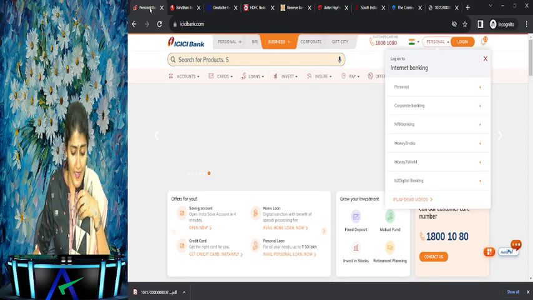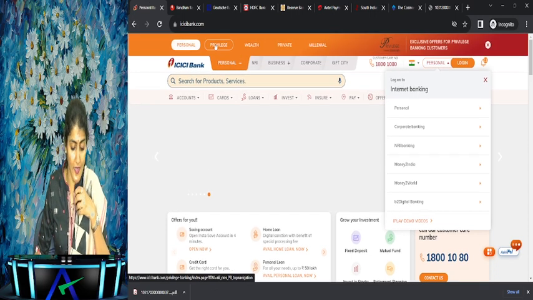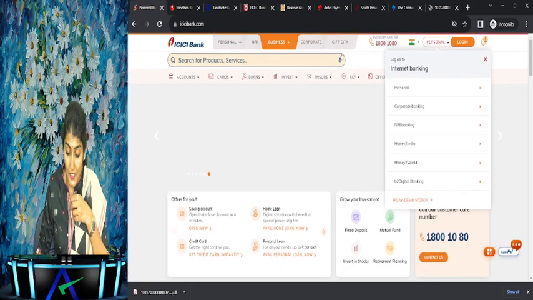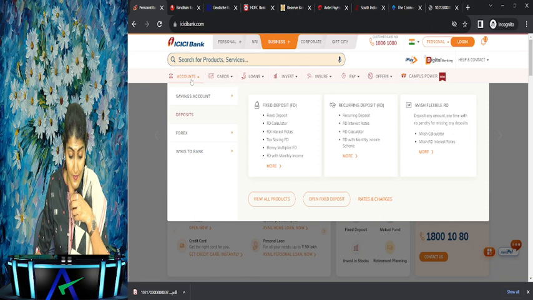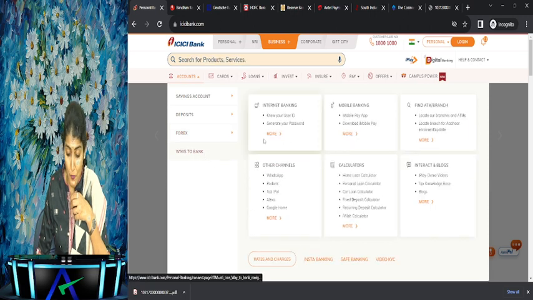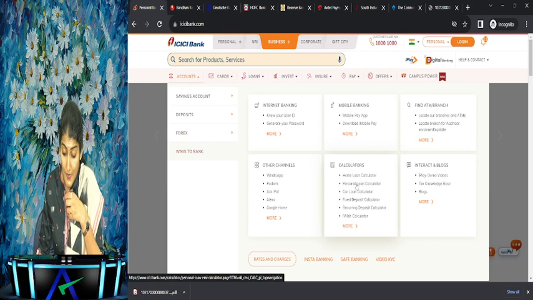Okay, and this is the website of the ICICI Bank. What does it say? Personal, business, corporate, GIFT City, then the account, savings account, deposits, fixed deposit, recurring deposit, then the forex services, student services, then the ways to bank: internet banking, other channels, WhatsApp, Pocket, iPal, Alexa, Google Home, mobile banking, calculators, home loan calculator, personal loan calculator, find an ATM or a branch.